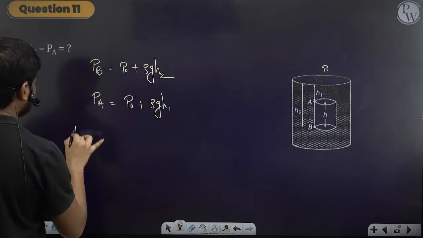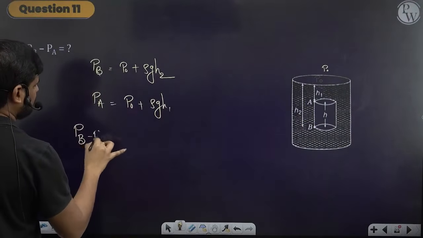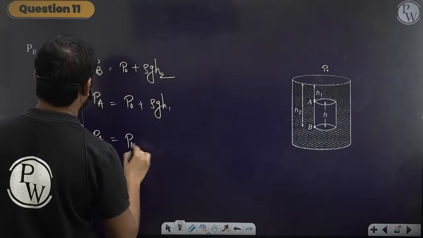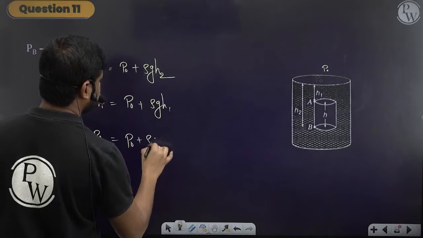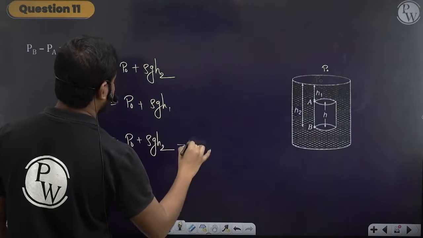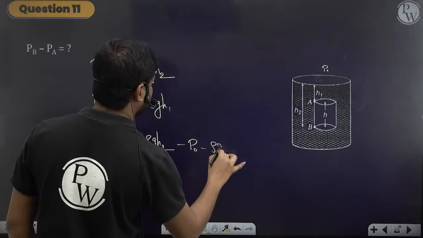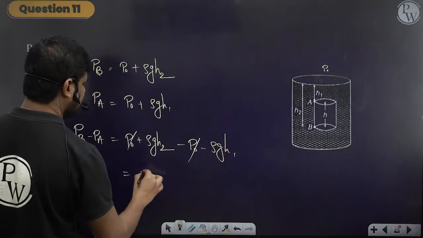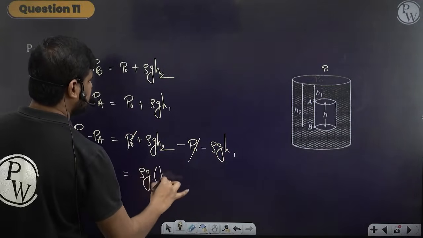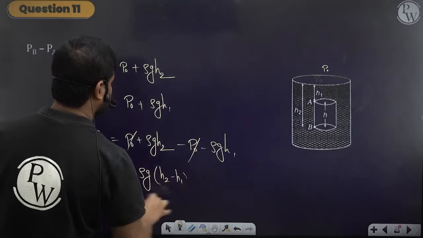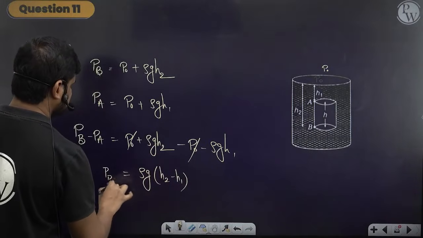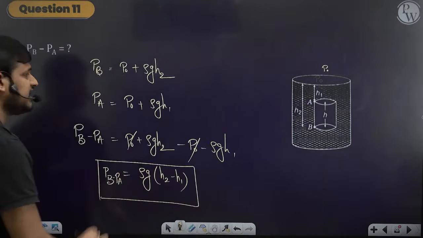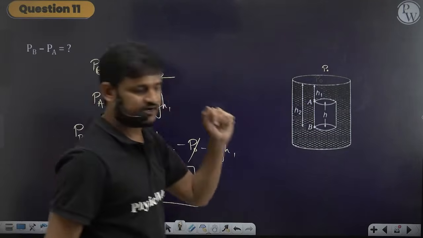So PB minus PA is P naught plus rho g H2 minus P naught minus rho g H1. P naught gets cancelled, so I can write rho g into (H2 minus H1). This is the change in pressure at 2 different points for the same liquid. Clear?